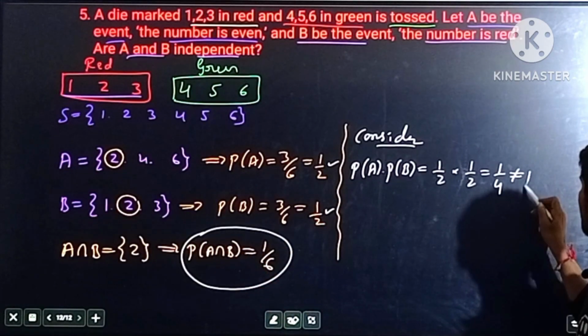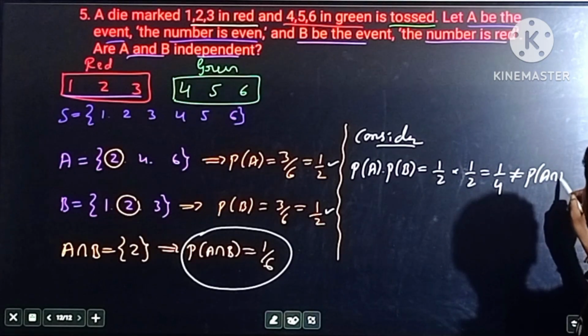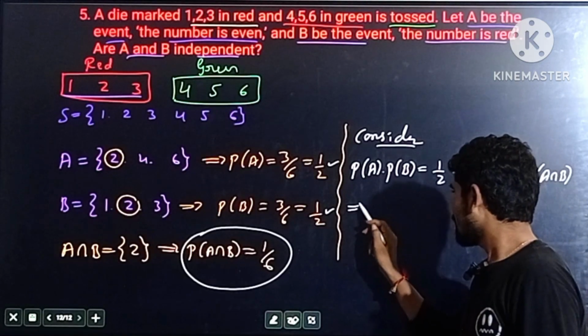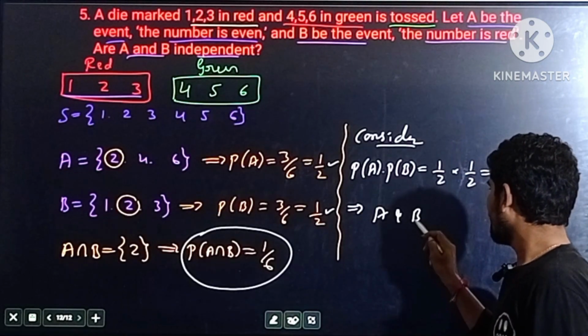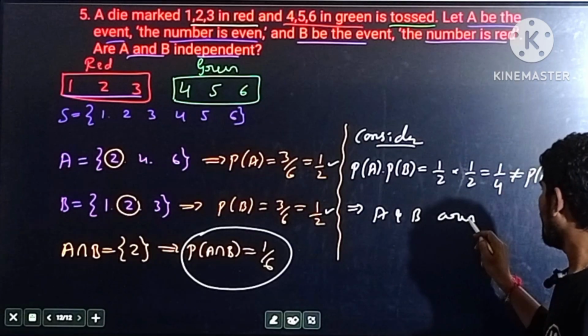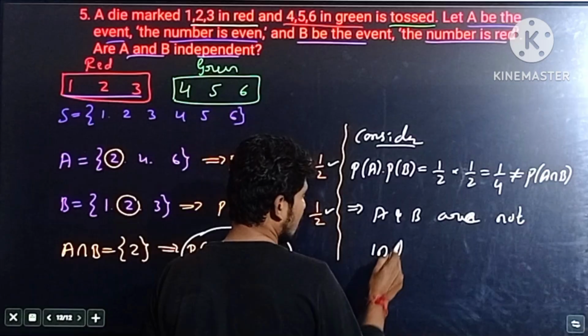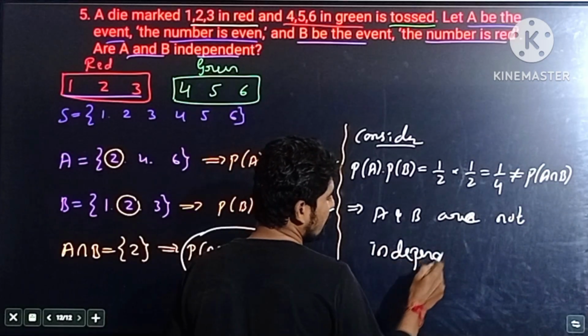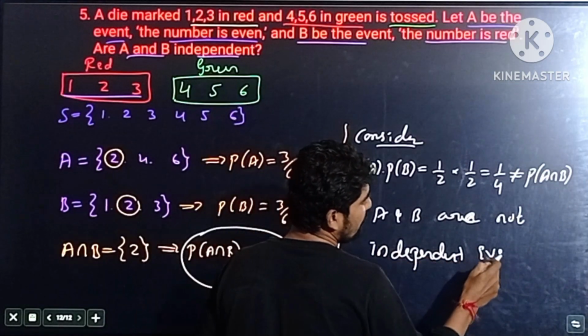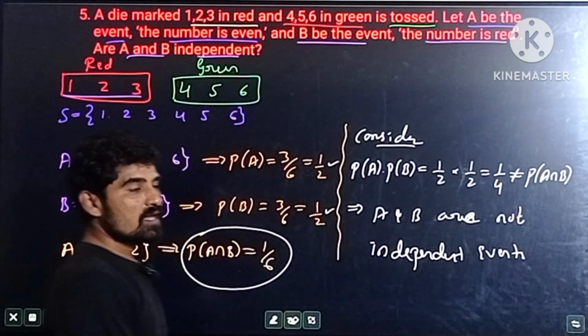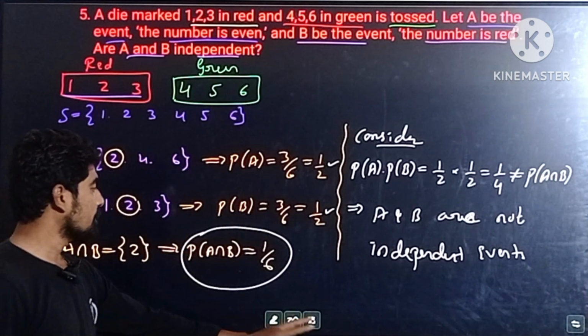It means this is not equal to probability of A intersection B, which implies A and B are not independent events. I hope all of you understood this question. Let's start the next question.